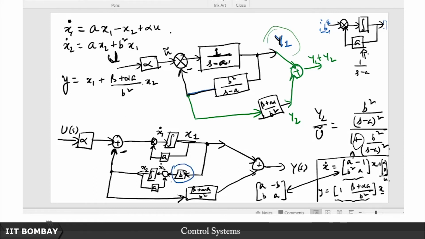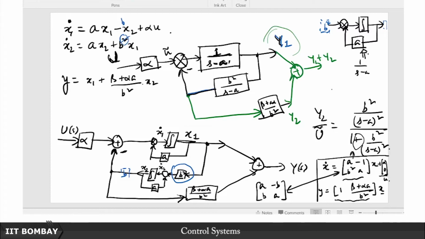So if for instance, instead of putting this b squared here, you had split this up and put this b here and placed another b here, you see how this equation would have changed: instead of getting this x2 right up, you would have gotten minus b times x2 here. So then there would have been a b here, and instead of getting a b squared here, the square would have vanished, because then you would have had this x1 times b.